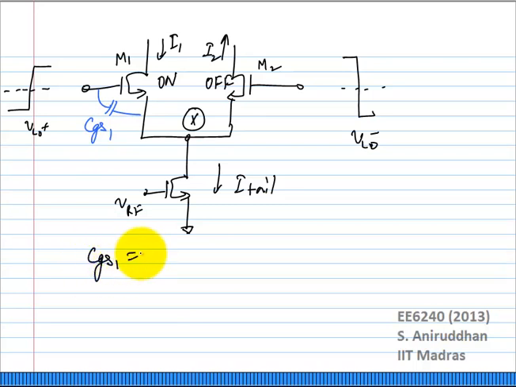What is the capacitance of device M1? 2/3 WL Cox. Right? Let's say this was CGS2. What is CGS2?